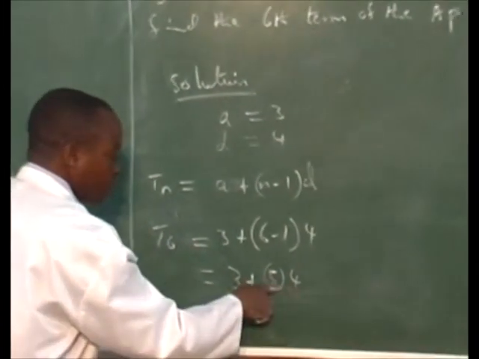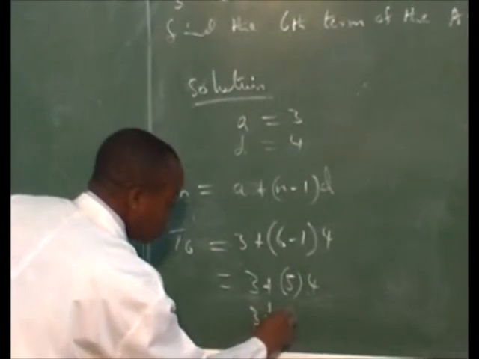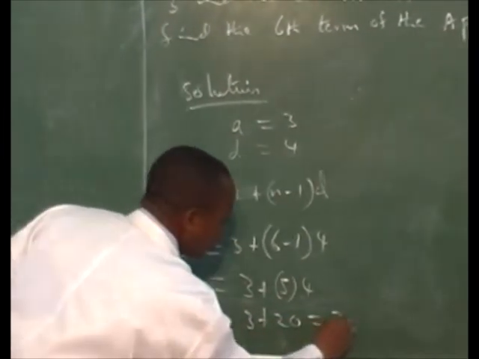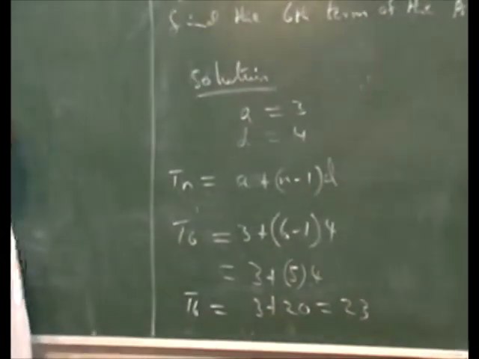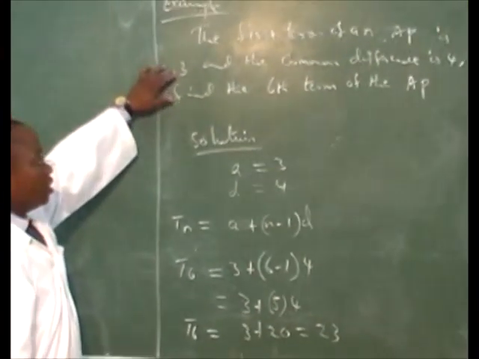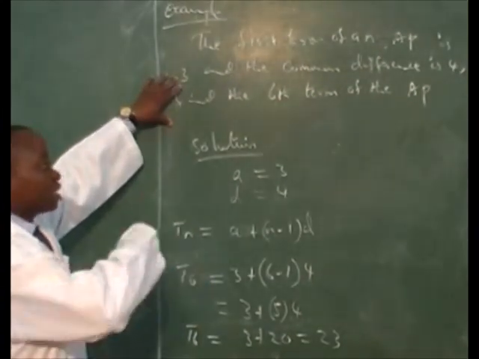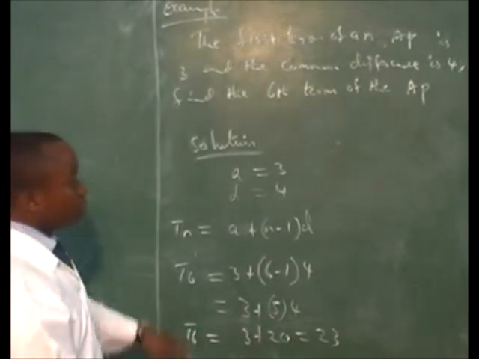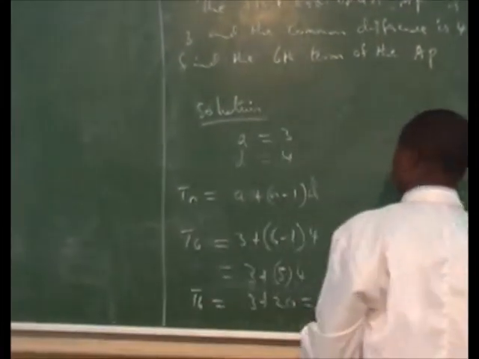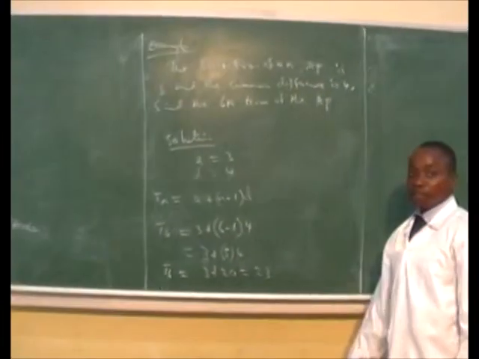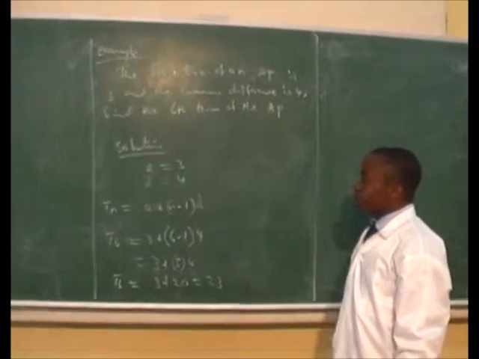Now, 4 times 5 is 20. So you see that T6 will be 23. And if you count it, the first one is 3, and the common difference is 4, meaning that the second will be 7, the third will be 11, the next 15. If you count it like that, the sixth term will give you 23. So this formula is perfectly correct.